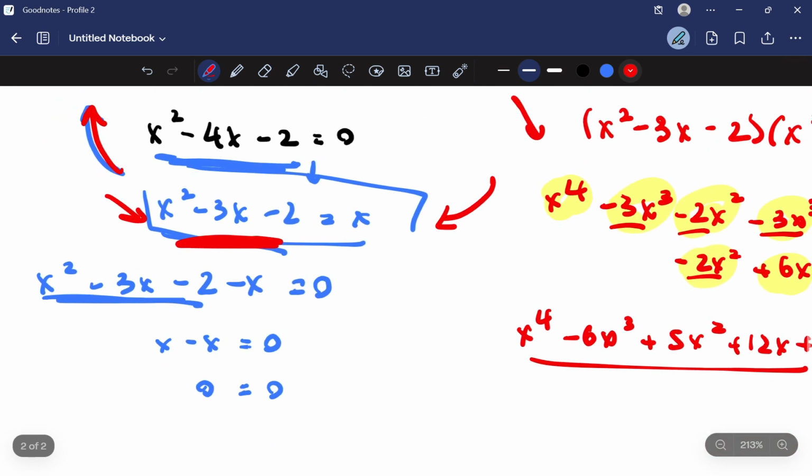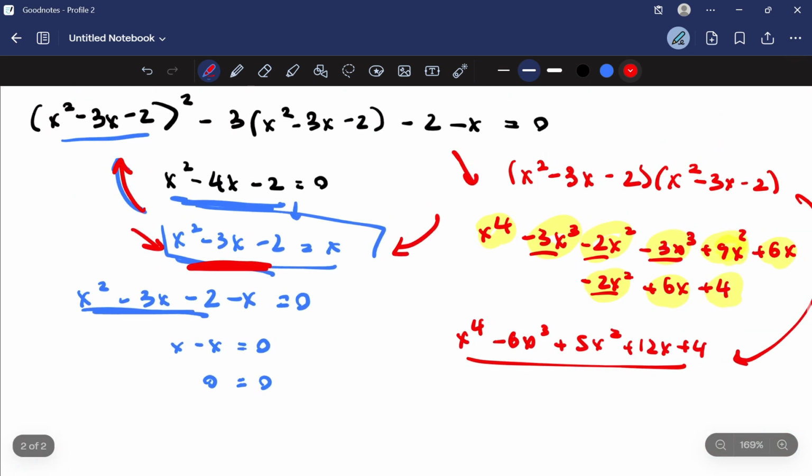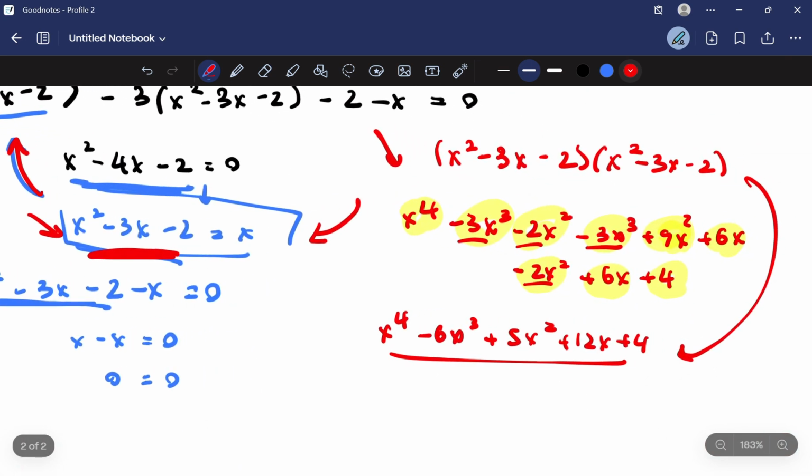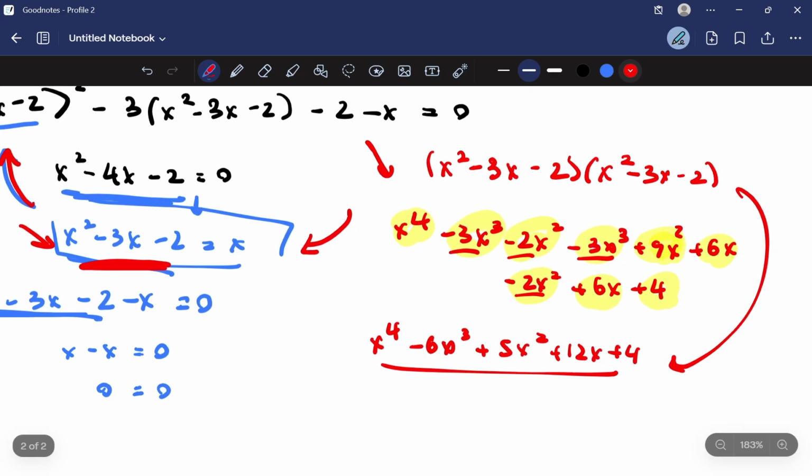And then next we have minus 3 times (x squared minus 3x minus 2). So that gives you minus 3x squared plus 9x plus 6. And then minus 2 minus x.